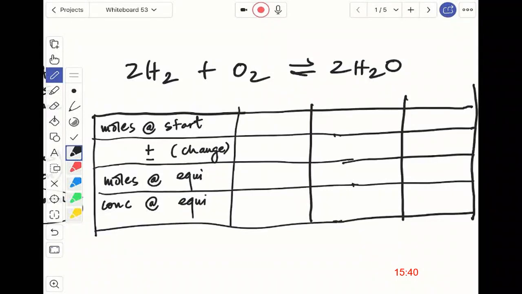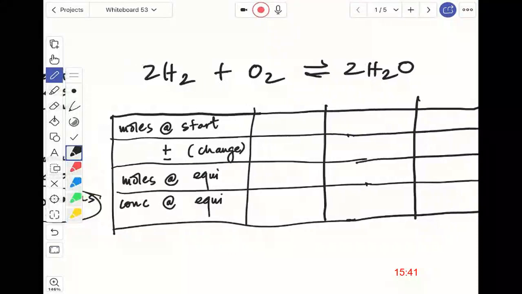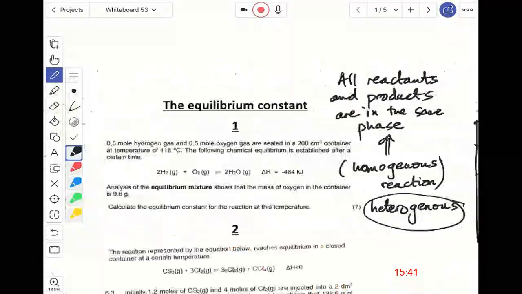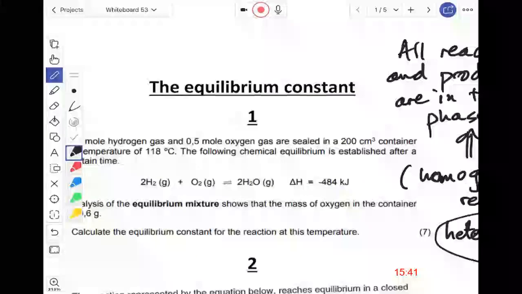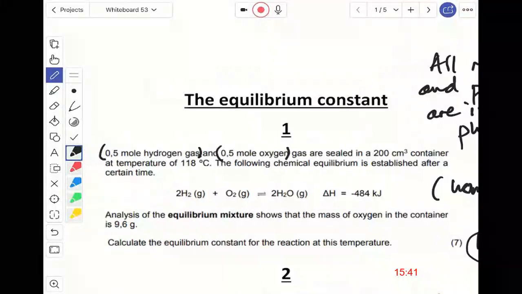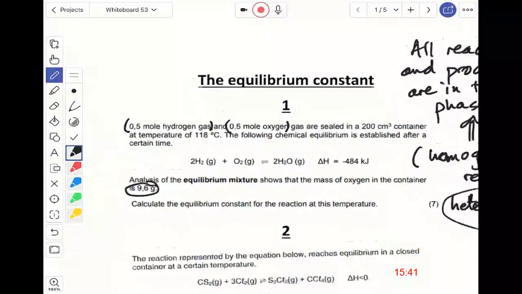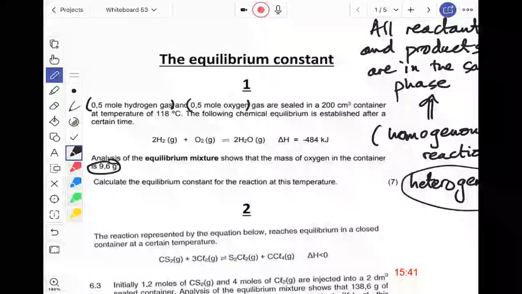So everything that is given, for example, the 0,5 moles of oxygen, the 0,5 moles of hydrogen, and the 9,6 grams of oxygen that is left over, that is information that is given.